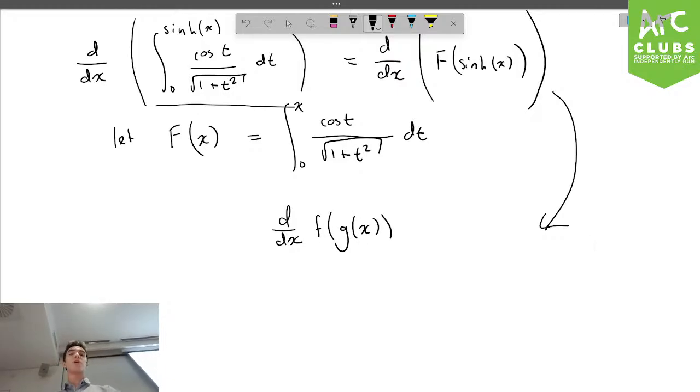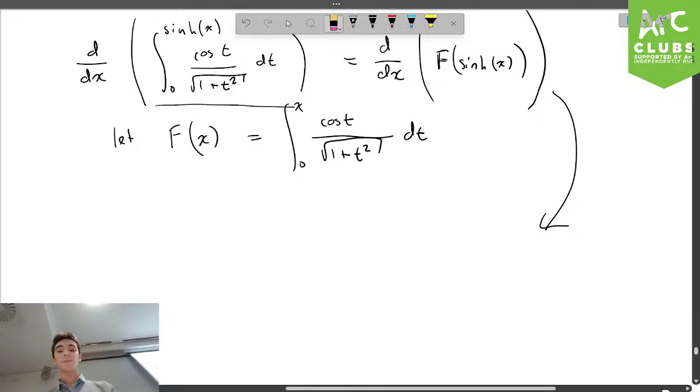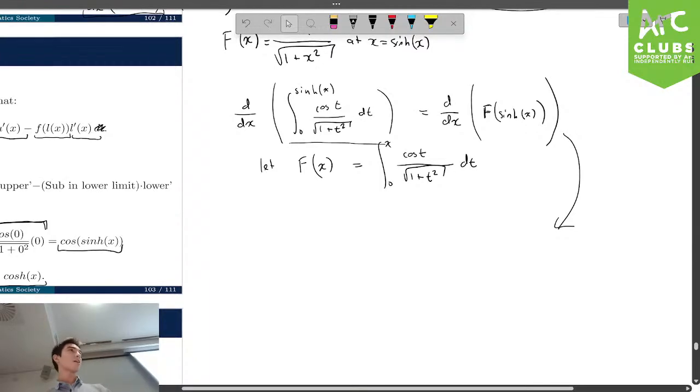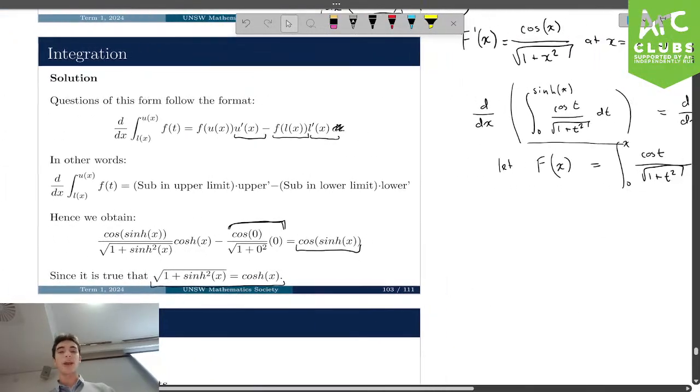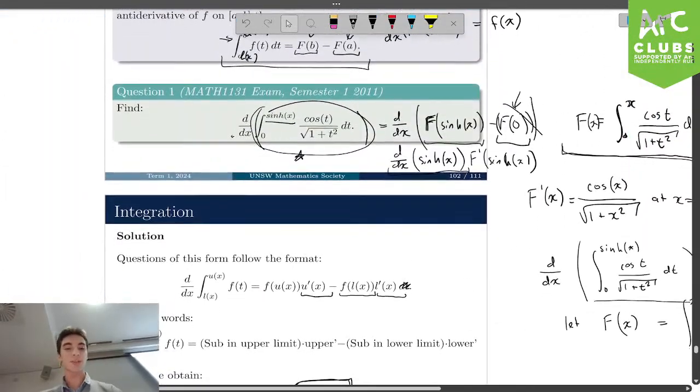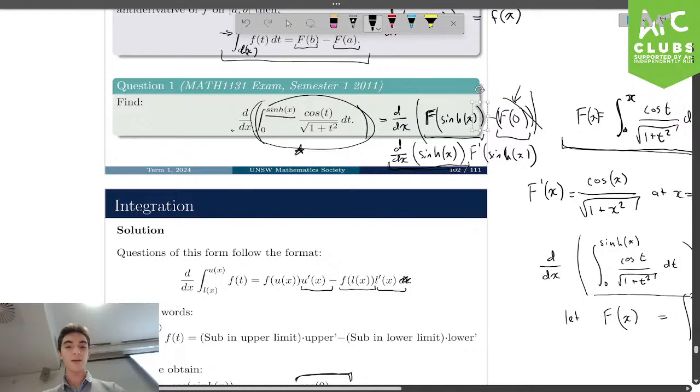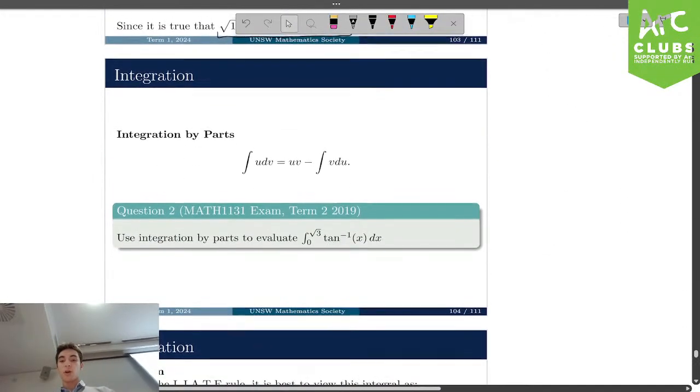That's what we have here. We've got this function f, and inside it is this function sinh. Does that clarify what we did there? Yeah. Okay, and that's the expression that we get. Okay, moving on.